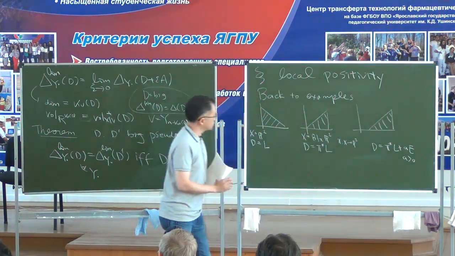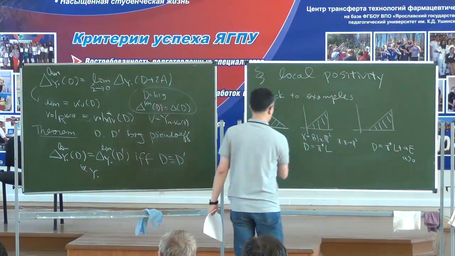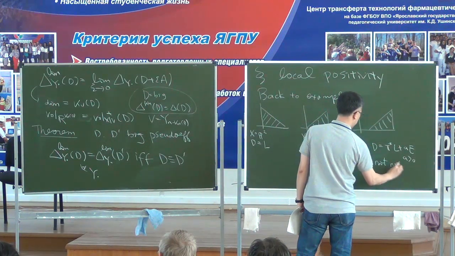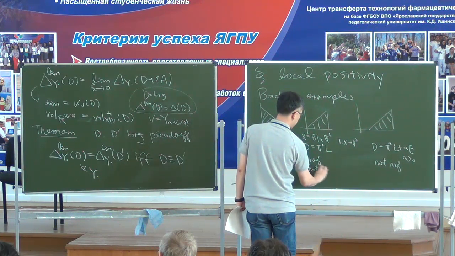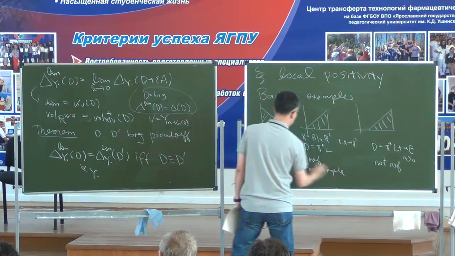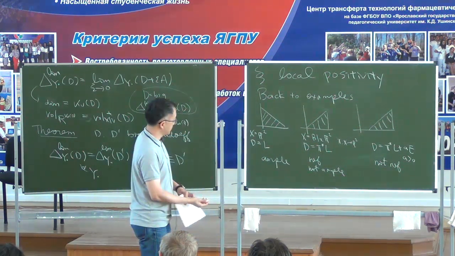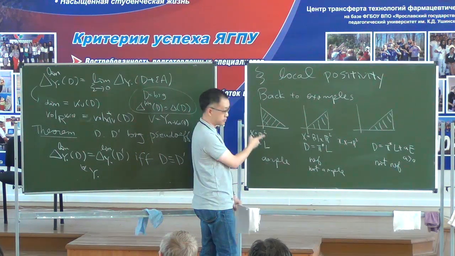Okay. So we saw these three examples, and I explained yesterday, but this is not nef. This is nef, not ample, and this is ample. So if the divisor is ample, it contains some neighborhood of the origin.